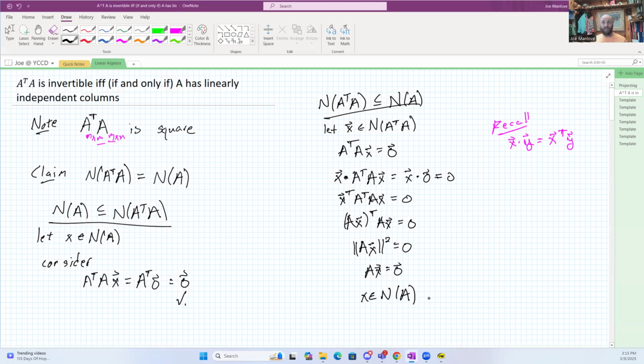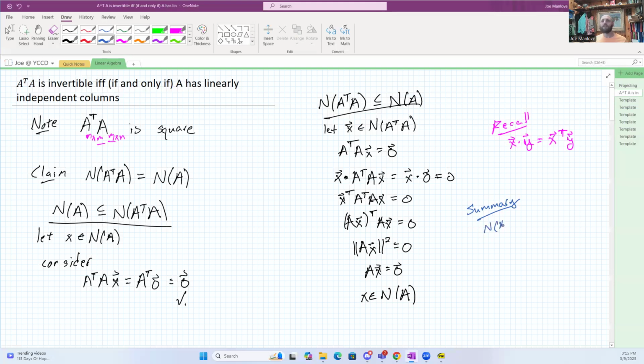Okay, now here's the deal. We're going to go through a couple of little implications. I'm going to write an implication chain, kind of like a summary. So here's what I know.